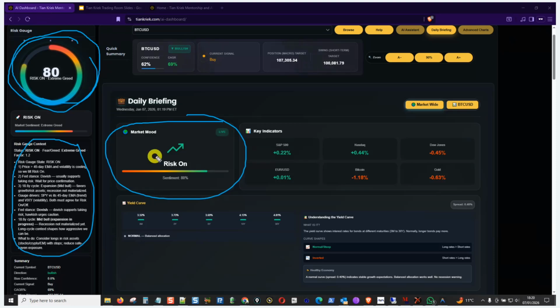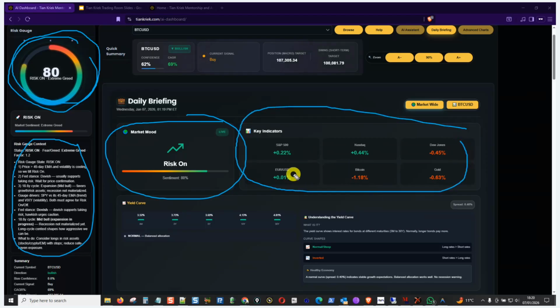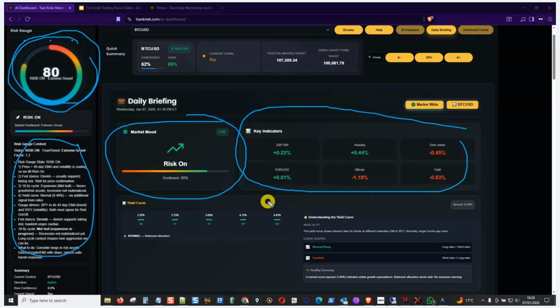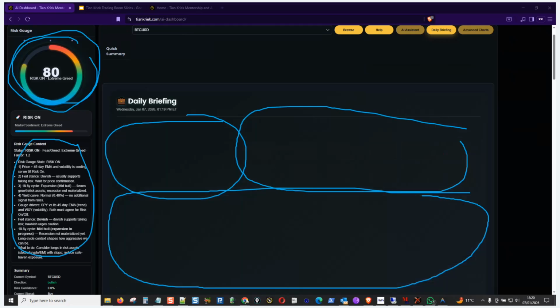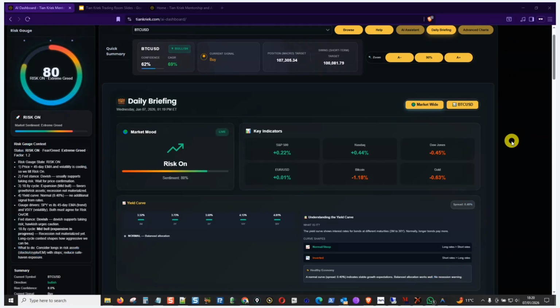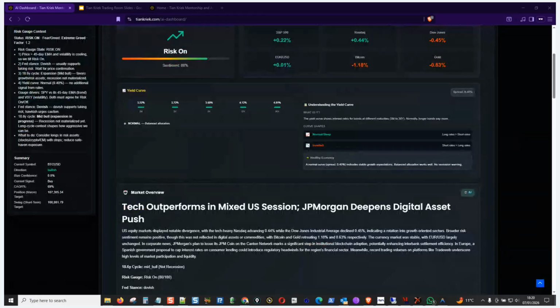So at this point, we are risk on, and then you get an overview of what the stock market and Bitcoin and gold and the euro US dollar is doing. And I've added here the yield curve, showing if the economy is healthy and if we are in a recession. Most importantly, you can go and read this.